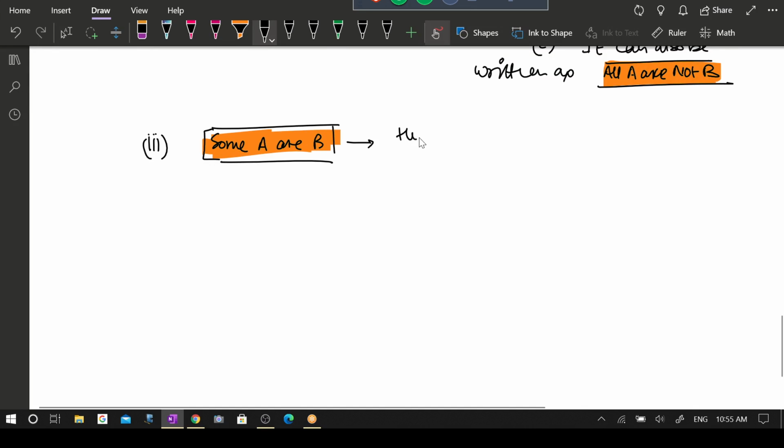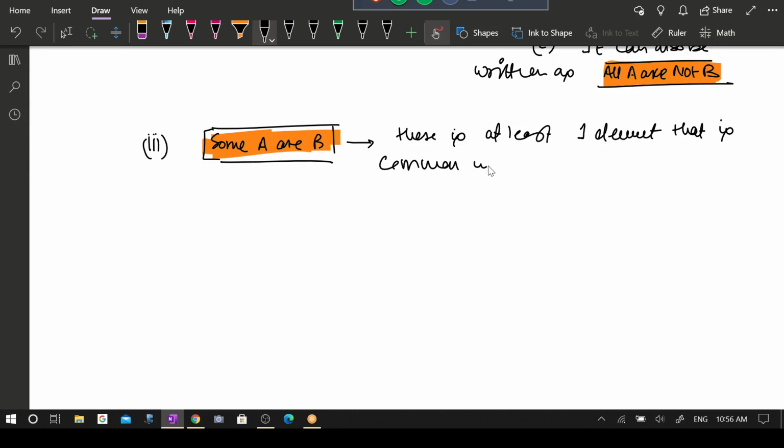So there is at least, write down, there is at least one element that is common in both A and B. Now please keep this in mind.